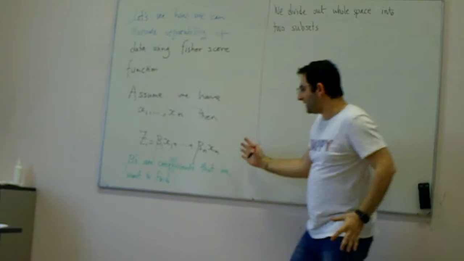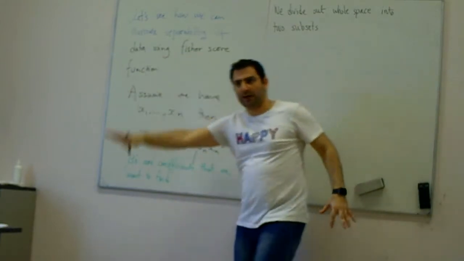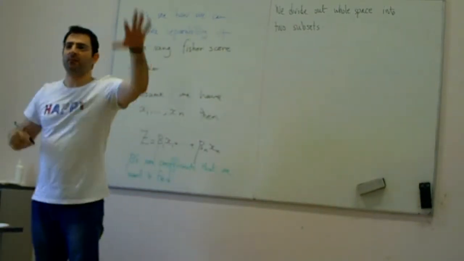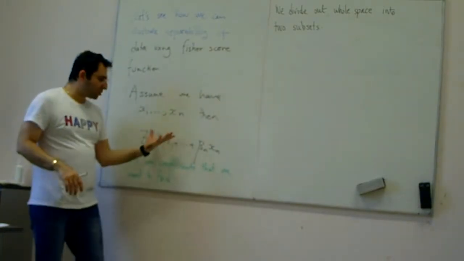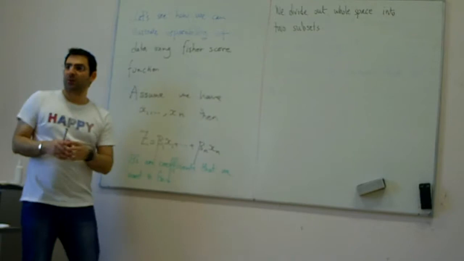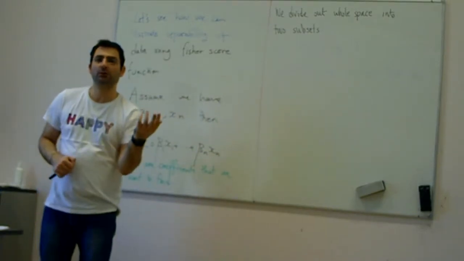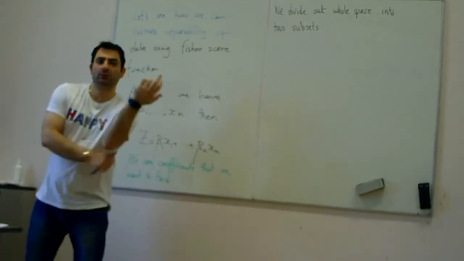So some of these xi's are in class 1, in subset 1, some of them are in subset 2. Should the number be equal? In other words, if I have 5 in class 1, should I have 5 also in class 2?